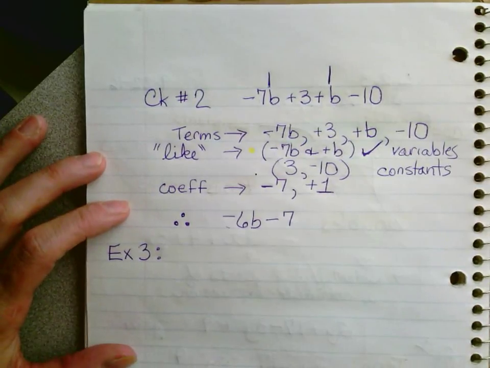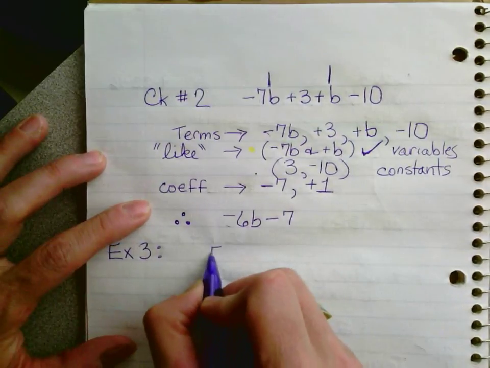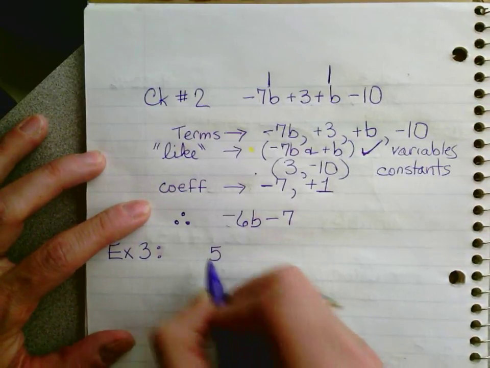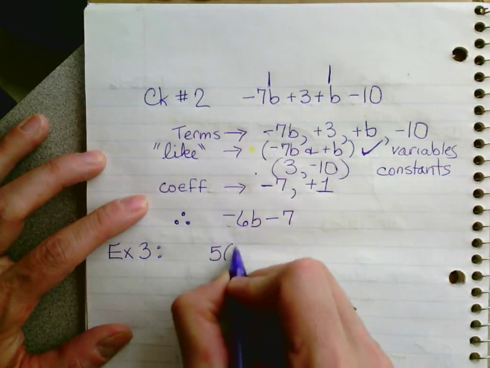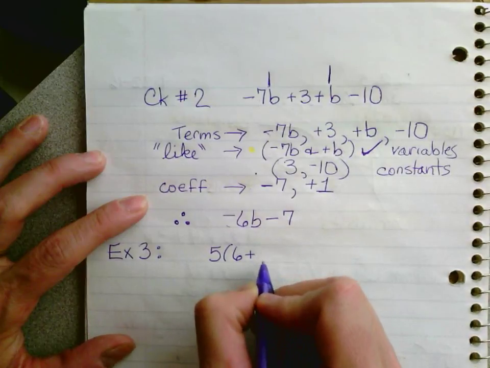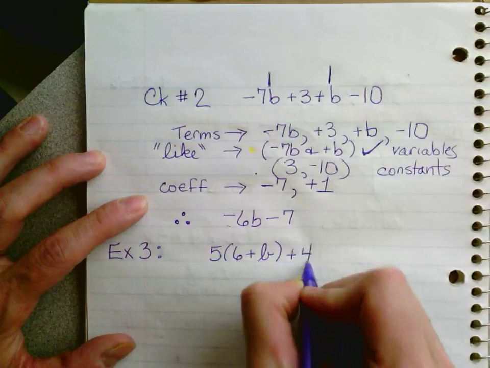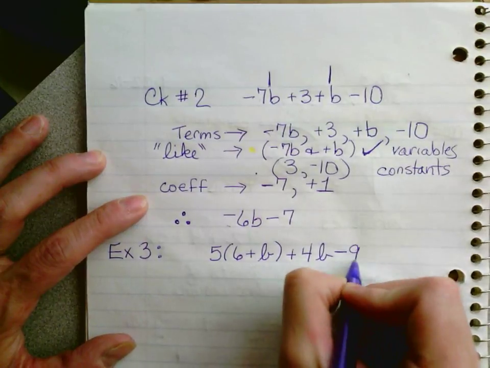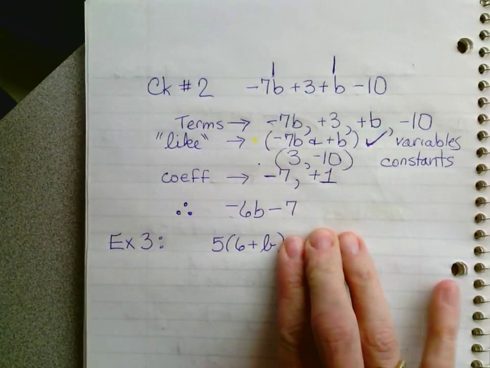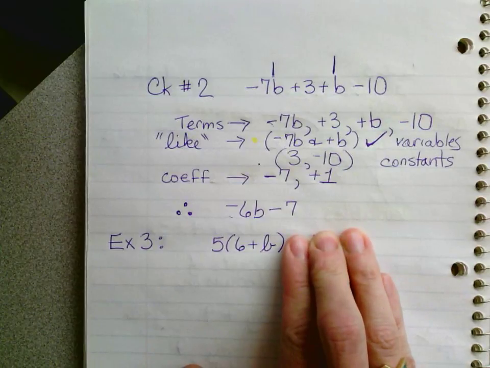And example 3 has you still doing the same thing, only instead of identifying body parts, we're just gonna do a little work. We're gonna simplify it. Now you guys saw this yesterday, right?